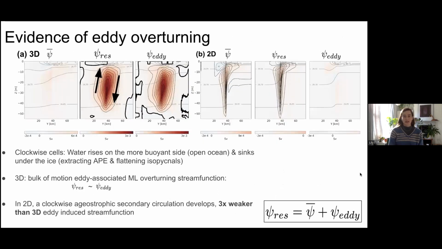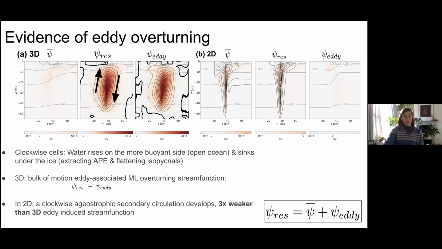So I also looked at the actual overturning in this model, and so I've used the residual mean framework, which looks at the overturnings of the water masses.